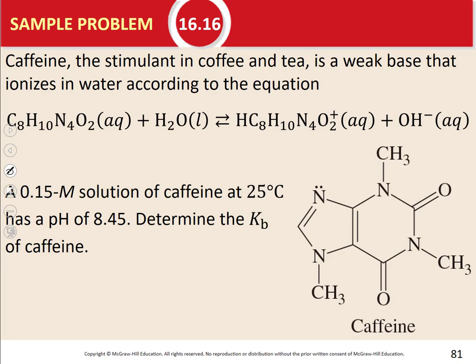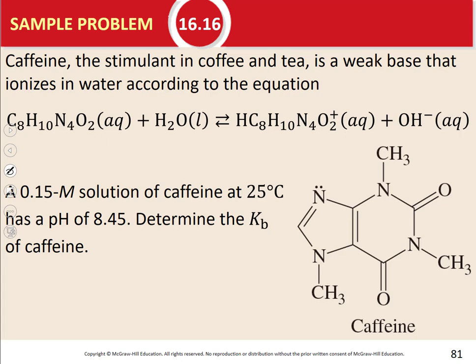It ionizes in water according to the following equation. So again, even though I didn't give you this equation, to find the conjugate acid of a base, what do we do? Good. Add a hydrogen and increase the charge by 1, or in this case, go from neutral to +1. And then you're left with hydroxide from the water.